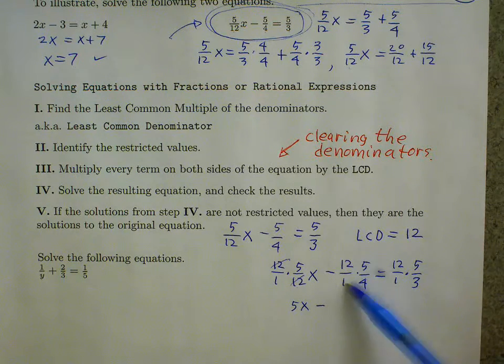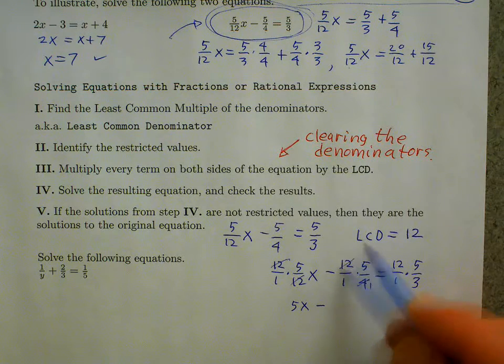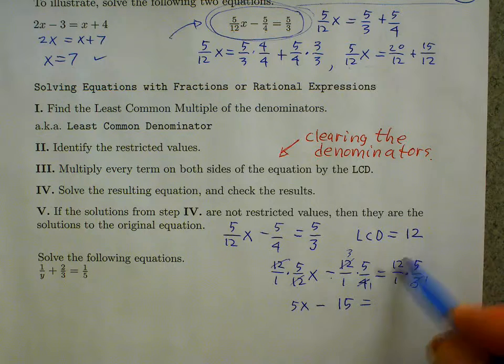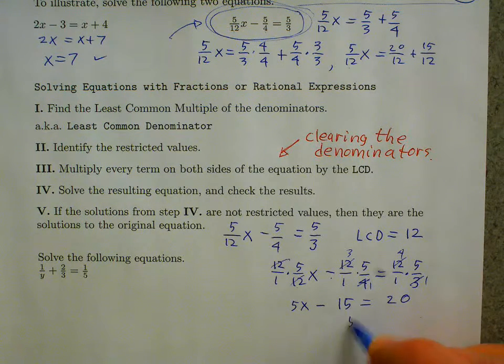And then 12 over 1 times 5/4, 4 goes into 4 once and into 12 3 times, so we're left with minus 3 over 1 times 5 over 1, which is minus 15. And then on the right-hand side, 12 over 1 times 5/3, 3 goes into 3 once and into 12 4 times. And 4 over 1 times 5 over 1 is 20. So now we have a simple equation to solve. Add 15 to both sides, we get 5x equals 35. Then divide both sides by 5, we get x equals 7.